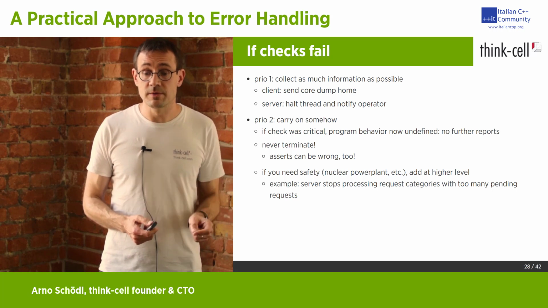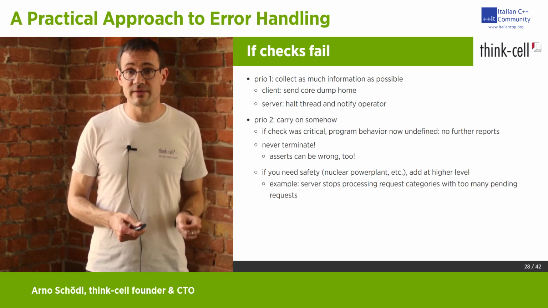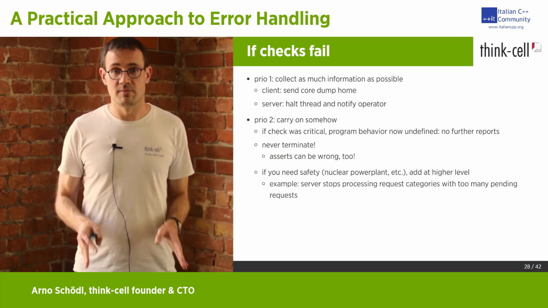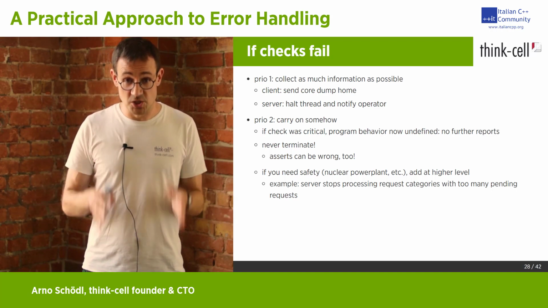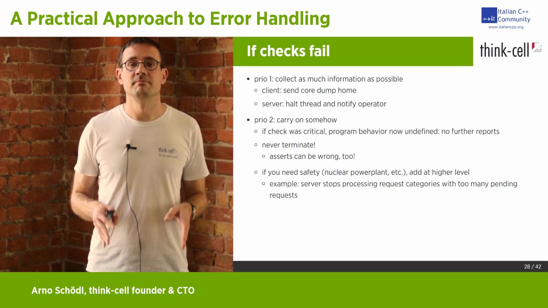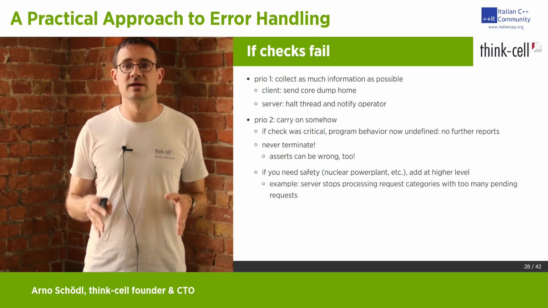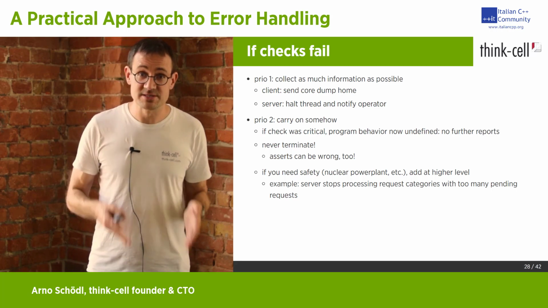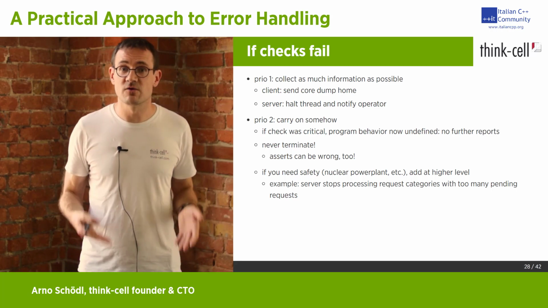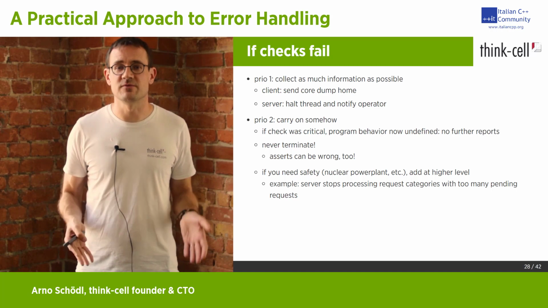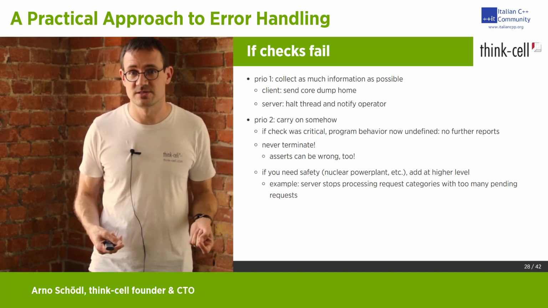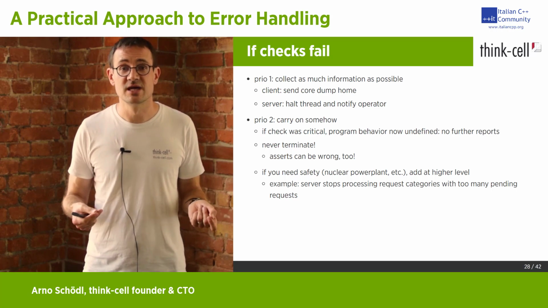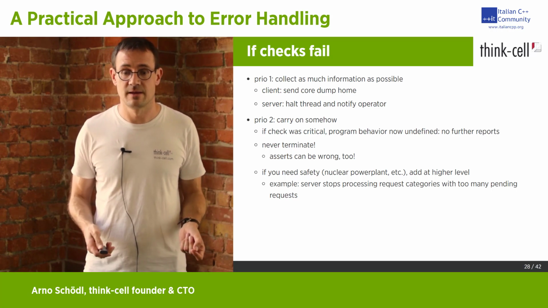Now, one important thing here is, even though we are now in undefined behavior, I call this undefined behavior land, don't terminate. Assertions may be wrong. And if you terminate when an assertion is violated, then your programmers, the developers, will be afraid of writing assertions. They shouldn't be afraid. They should write aggressive assertions. And in order to encourage aggressive assertions, the only thing you can do is carry on if an assertion fails.